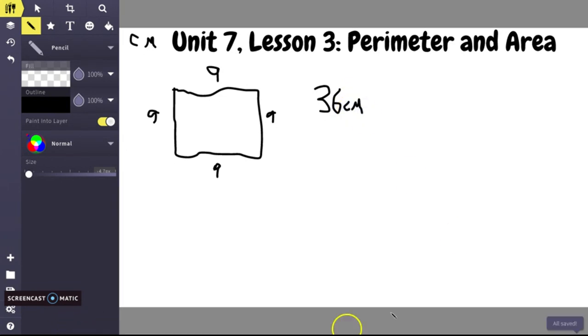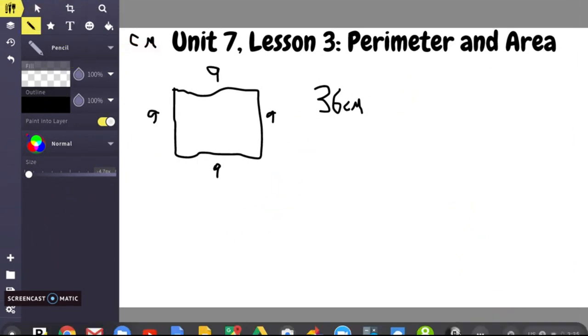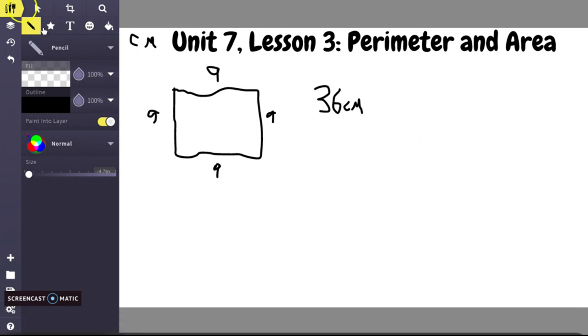Now, let's do area. Area is usually for quadrilaterals. Sorry, that's going to be the base times the height. But with a square, you can just take one of the sides and square it because all the sides are the same length.